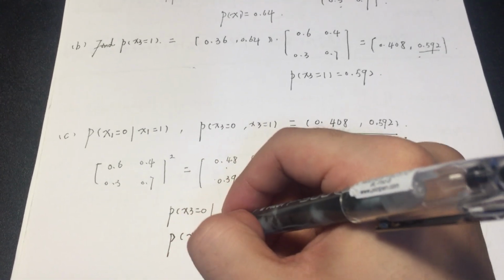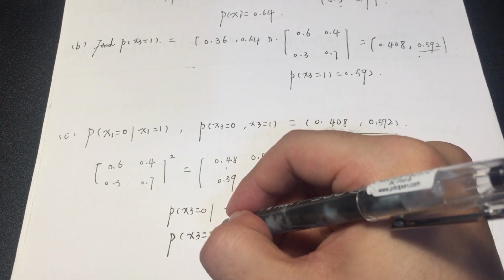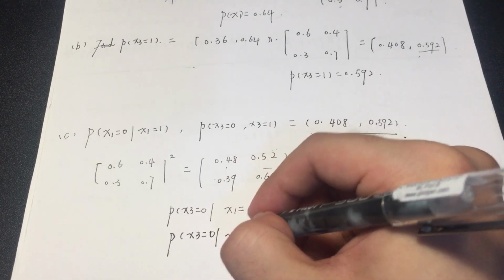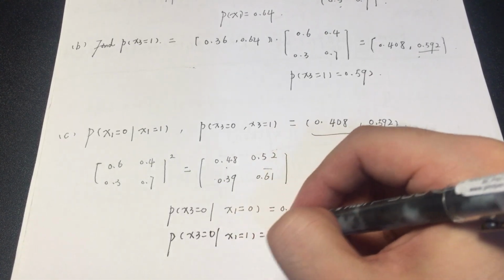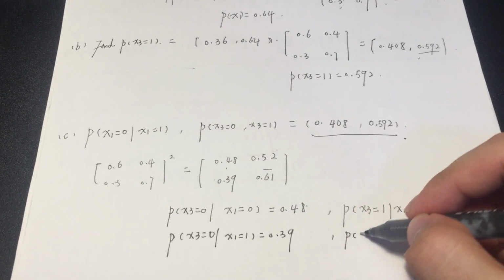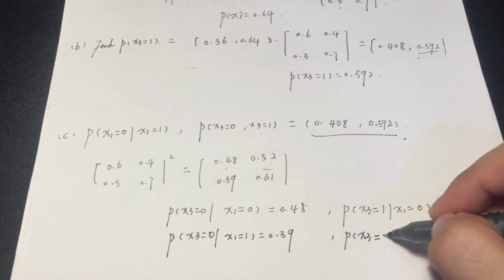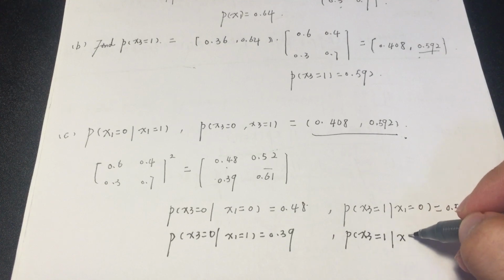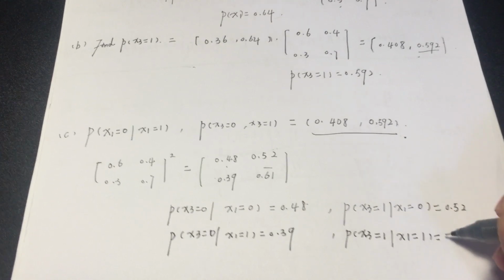And this is P(x3 = 0 | x1 = 1). And this is P(x3 = 1 | x1 = 1).